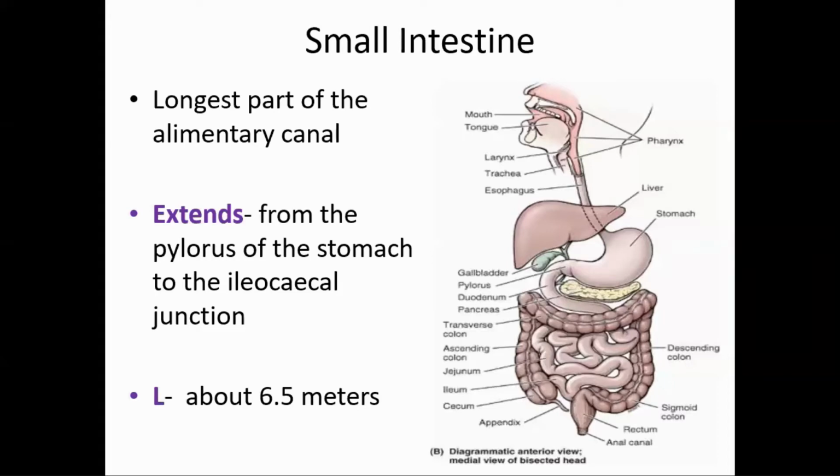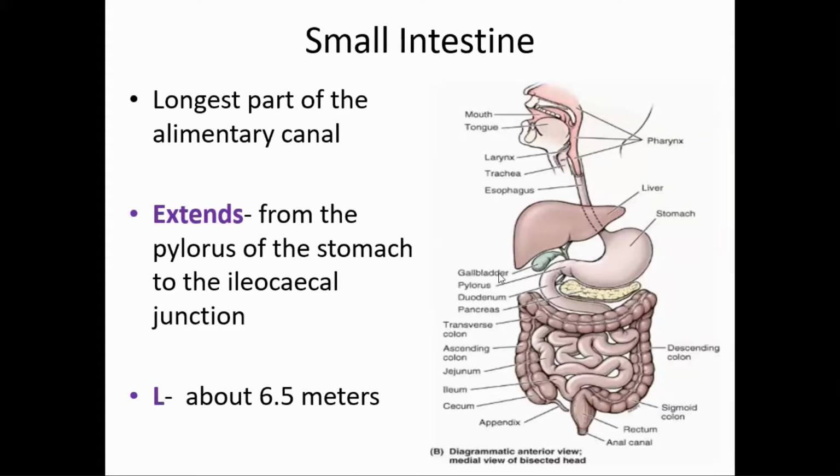At the transpyloric plane. And the duodenojejunal flexure lies at the level of L2, 2.5 centimeters to the left of the median plane and about 1.25 centimeters below the transpyloric plane.